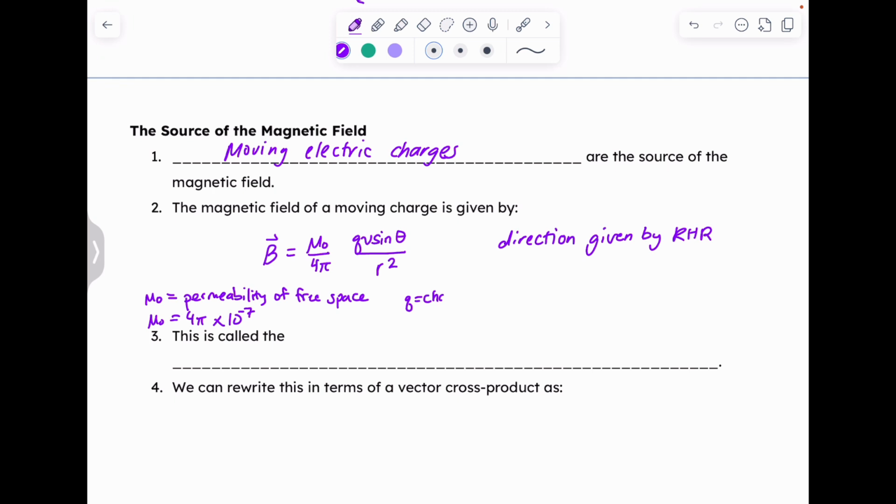Q is your charge here, V is your speed of the charge, and R is your distance from the moving charge.